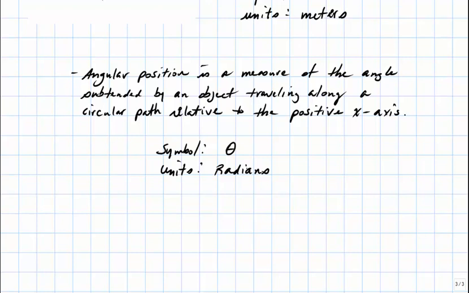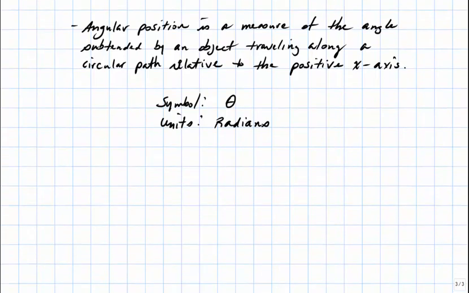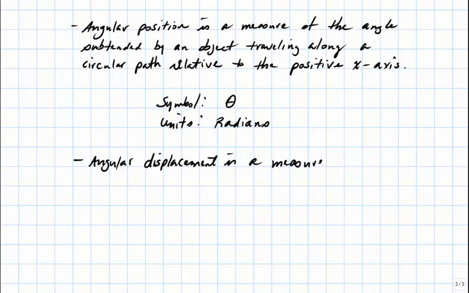We can now define angular displacement. Angular displacement is a measure of the change in an object's angular position.